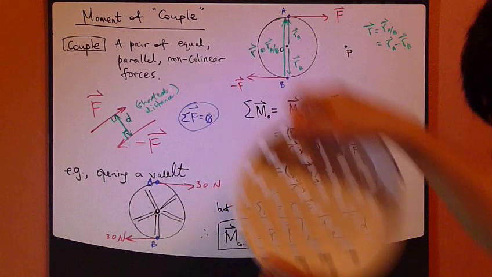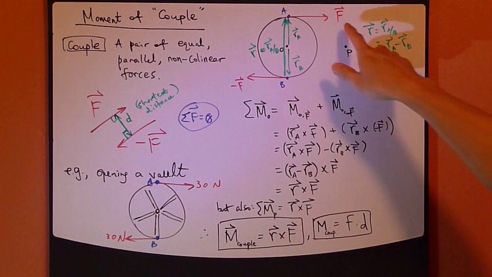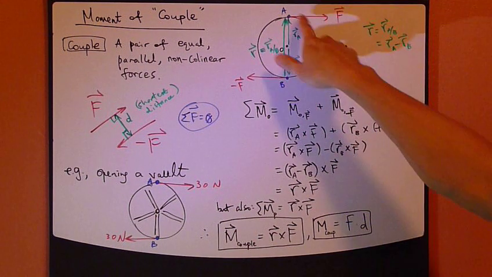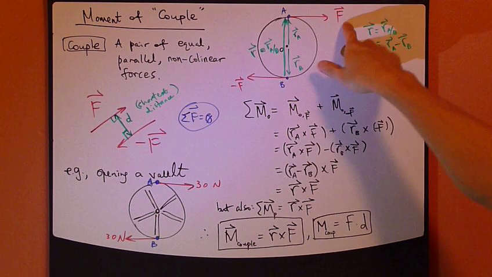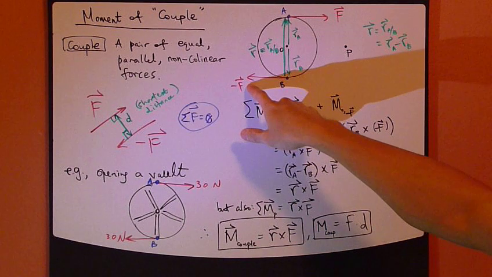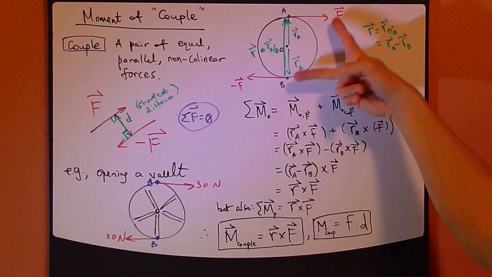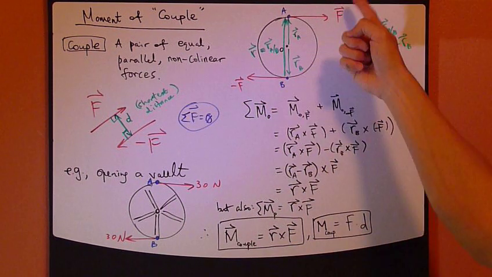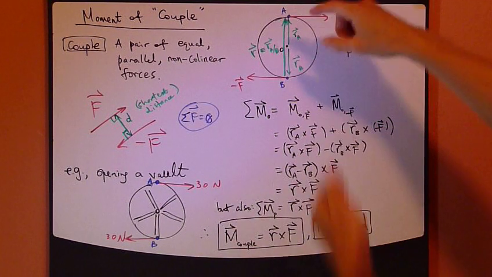So, here's the picture. If I call this force going to the right as positive F vector, and the other force is negative F vector, equal magnitude, opposite direction, but separated by a distance.